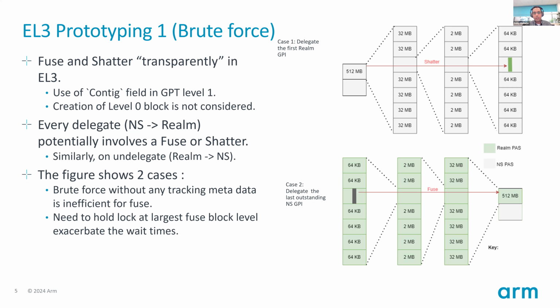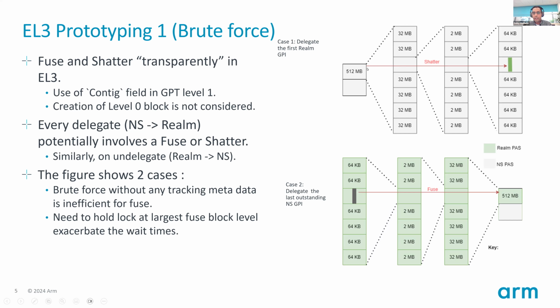The figure tries to demonstrate the scheme that is done in EL3. Assume that we start in a fused state, as EL3 as part of boot up will try to fuse all the granules into the maximum possible block size. So we always start with a 512 MB block size. Then when EL3 receives a delegate request from non-secure to the realm world for a particular page, this is the sequence of steps that happen.